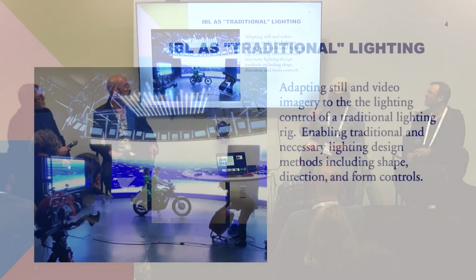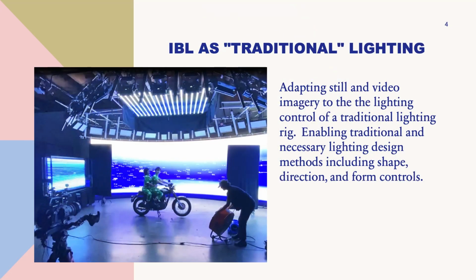Then we have what I think is emerging as kind of the current definition, and in my opinion, probably the most useful in conversation definition of image-based lighting, where we're using the same type of imagery and image assets to control traditional lighting rigs. So if you have a rig of sky panels or a rig of bars, to control that in a way that aligns well with your source material, your image material, and your later VFX material, you'll get better image composites.